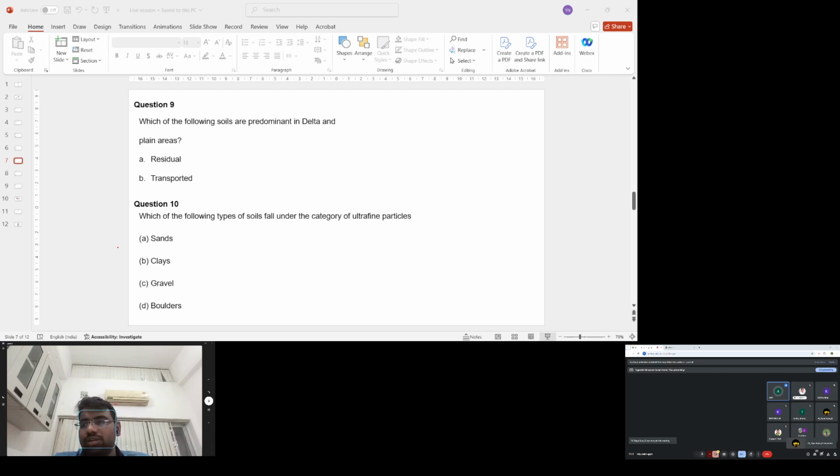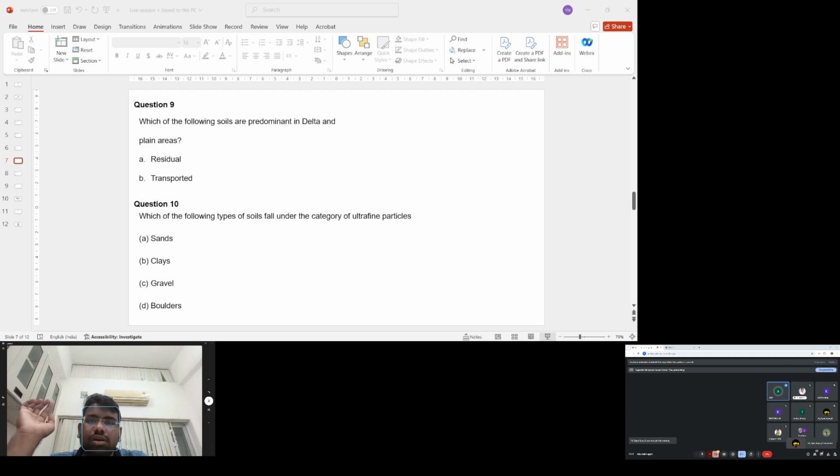Consider this as residual soil. We have already mentioned two examples: one is black cotton soil, another is lateritic soil. Now consider transported soil, with a river flowing, and its velocity is fairly constant for our assumptions.